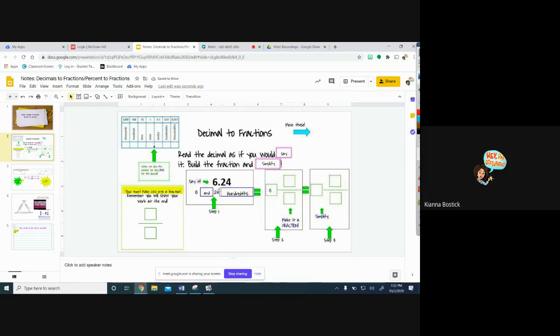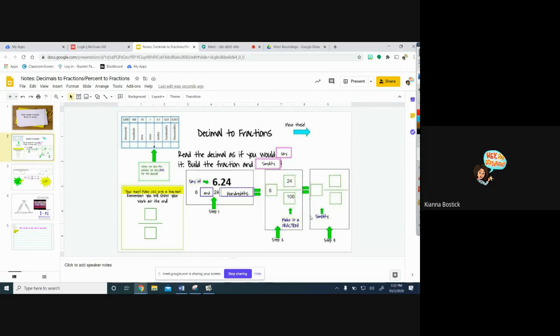We have 24 hundredths. You hear the word hundred in there, so we're going to put 24 over 100. You might have to make this text box just a little bit bigger. But there we go. I'm just going to click and type 6 and 24 hundredths.